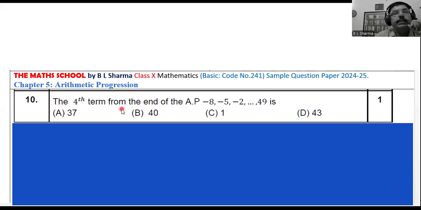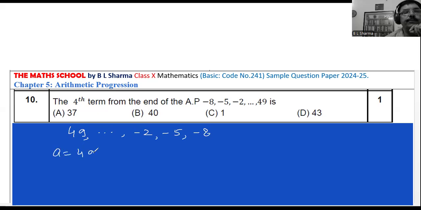Find the fourth term from the end of the AP -8, -5, -2, and the last term is 49. How to do it? Write the AP in the reverse order. That is 49, then -2, -5, -8. So the first term is 49.